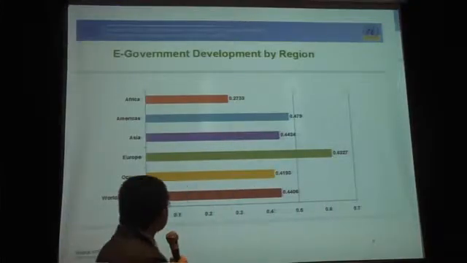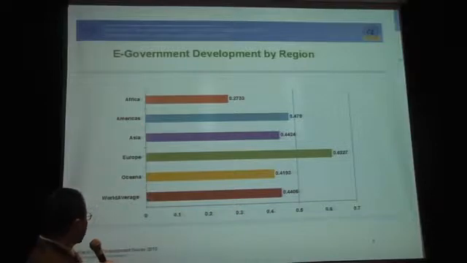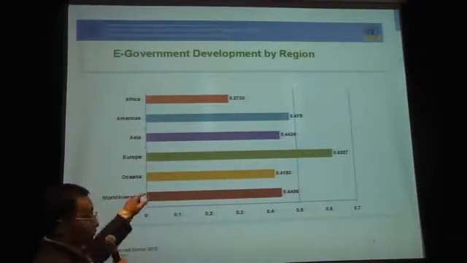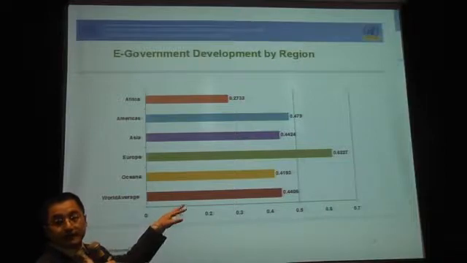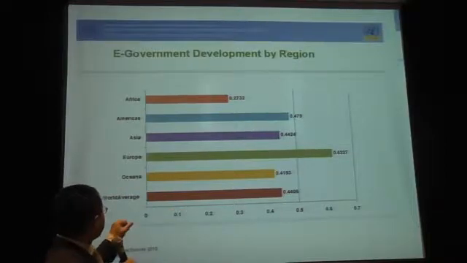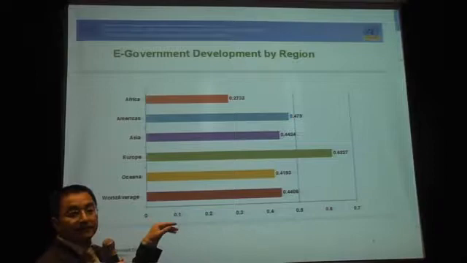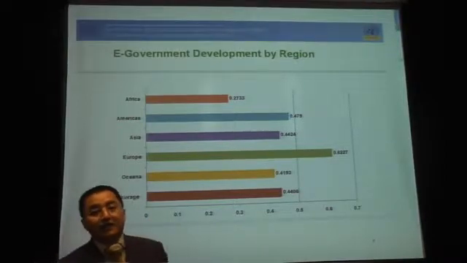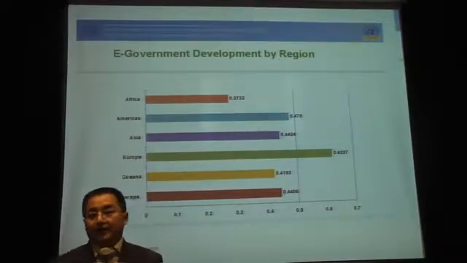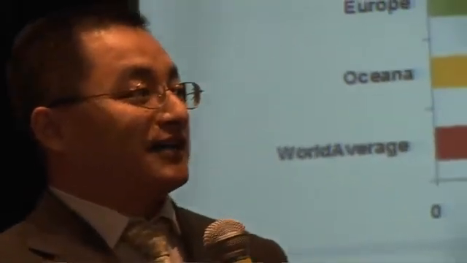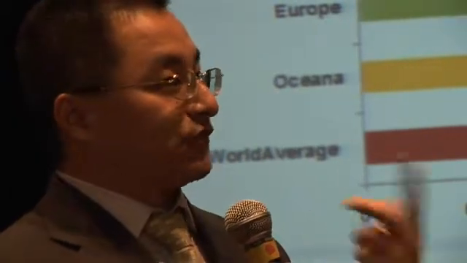You can also see the e-government development by region: Europe is the most advanced, and Africa is the least developed. From what we have observed, open government development is very advanced, and has just started to develop, in countries with an advanced stage of e-government development, like the US, UK and Australia.